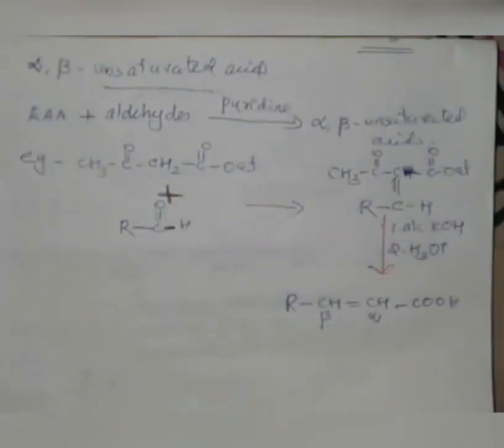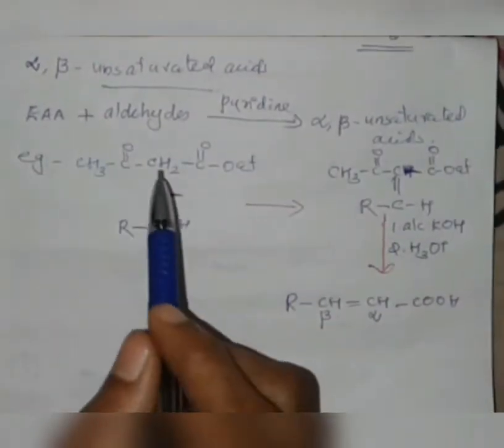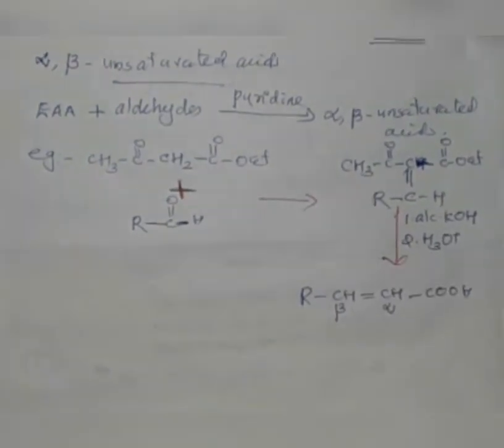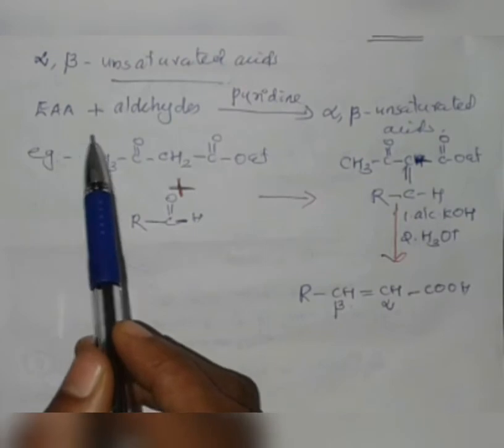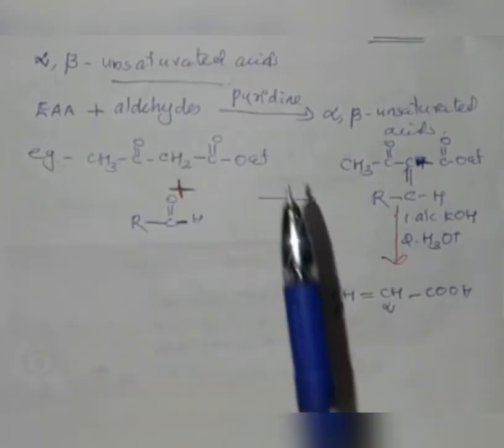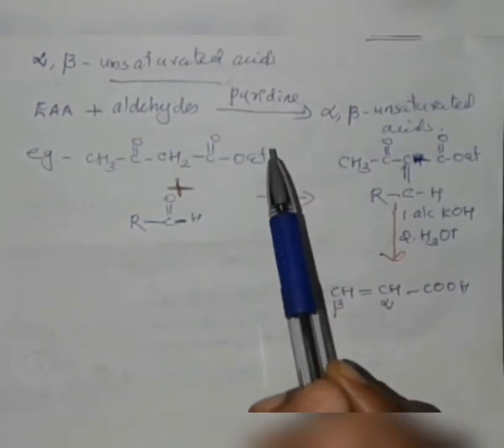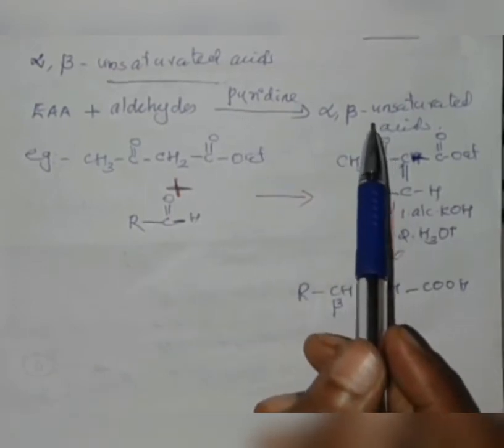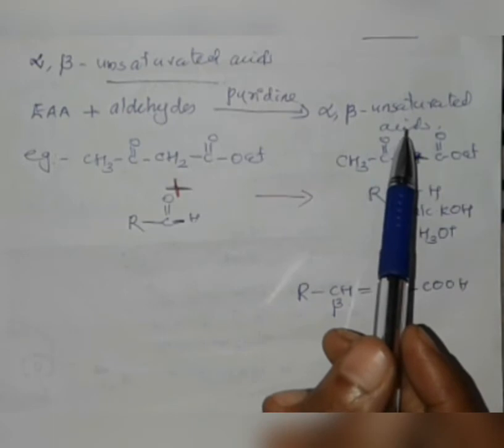Next one is the synthesis of alpha beta unsaturated acid. Here we can treat this EAA with any aldehyde in the presence of a weak base like pyridine, and we can get alpha beta unsaturated acid.